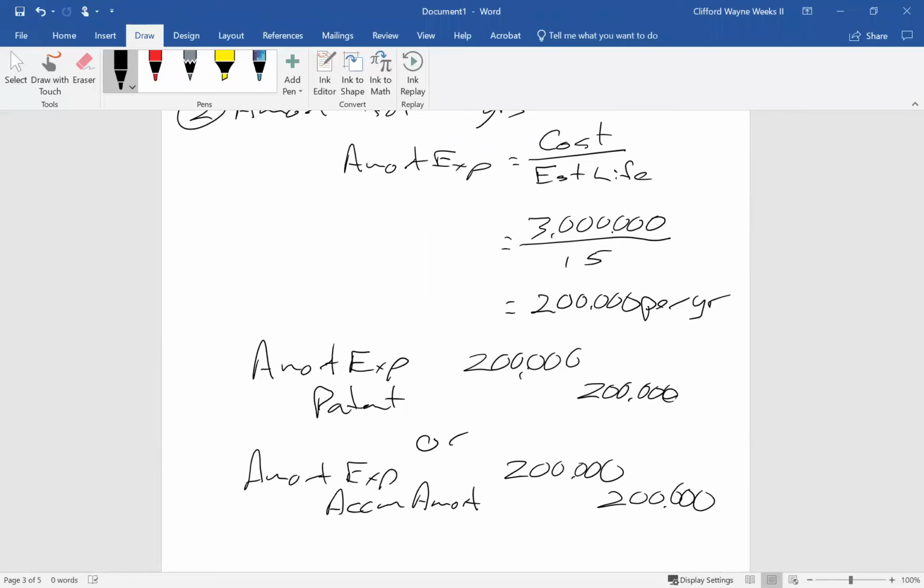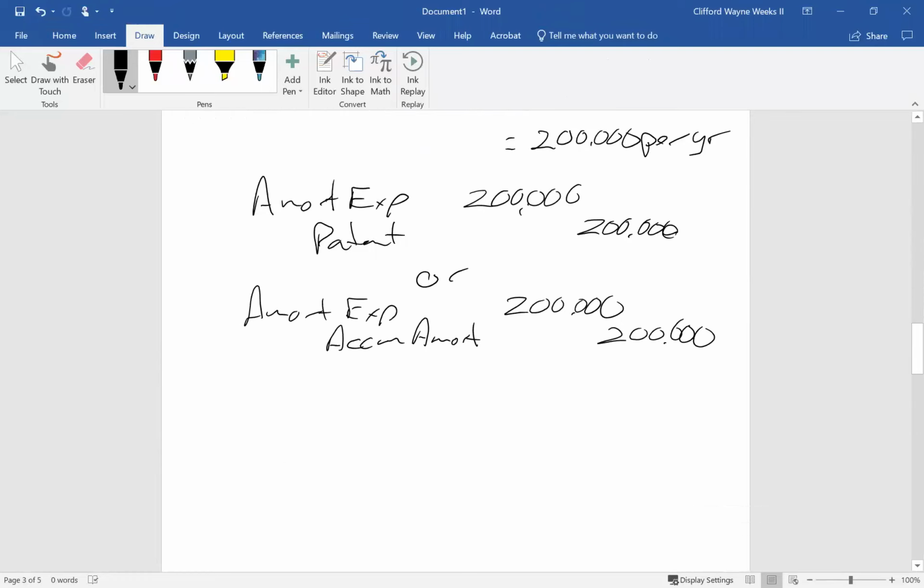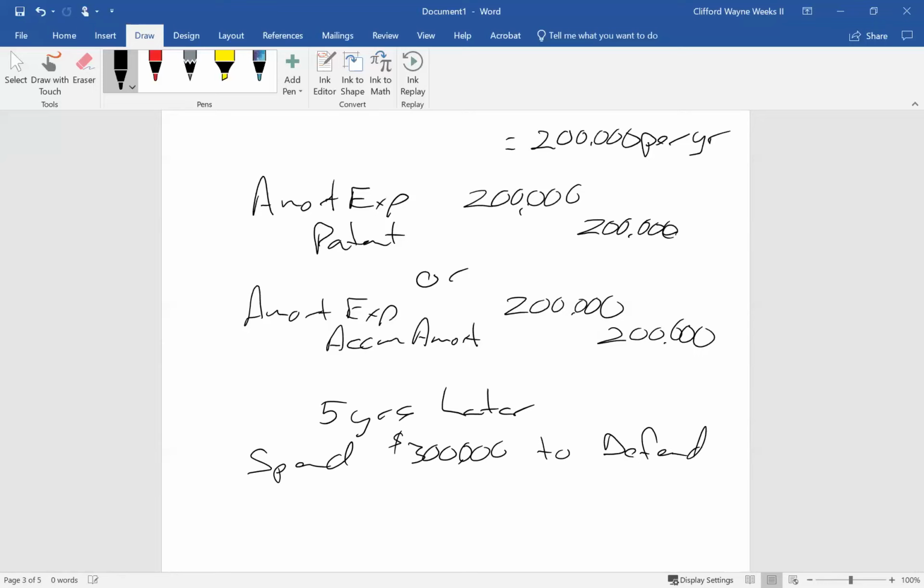Okay. Well, the deal is, let's say somebody starts to use our idea, and we take them to court. And so if we take them to court and we spend another $300,000, let's say 5 years later, we spend $300,000 to defend our patent.